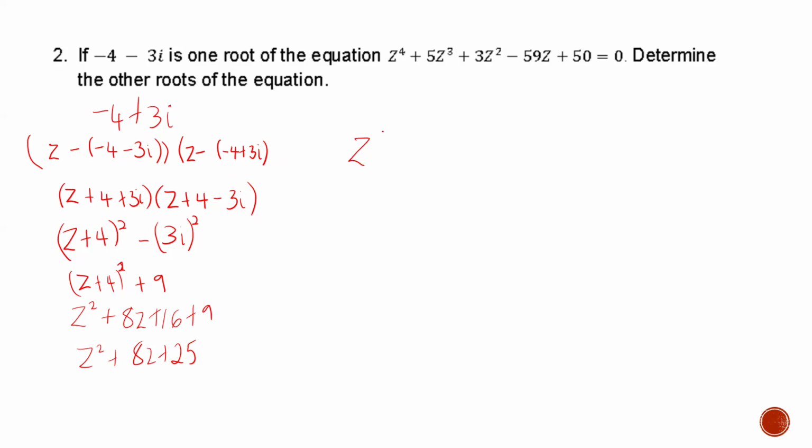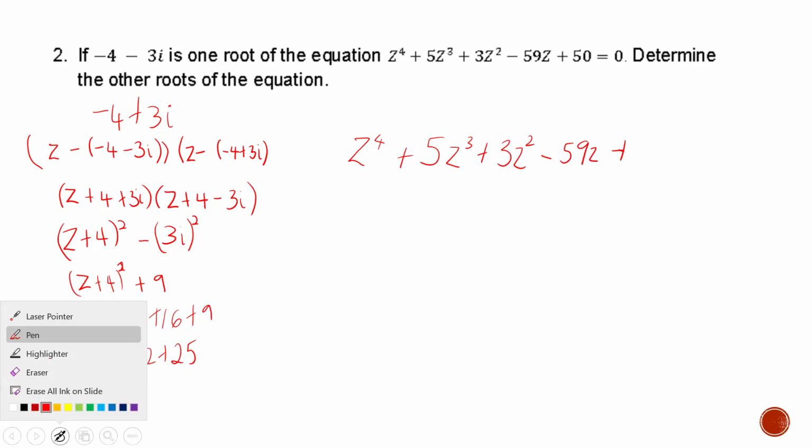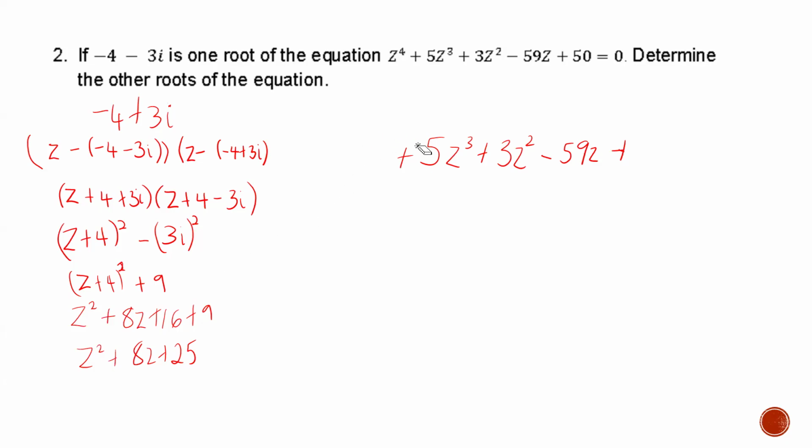So the equation is z to the power 4 plus 5z cubed plus 3z squared minus 59z plus 50, right?